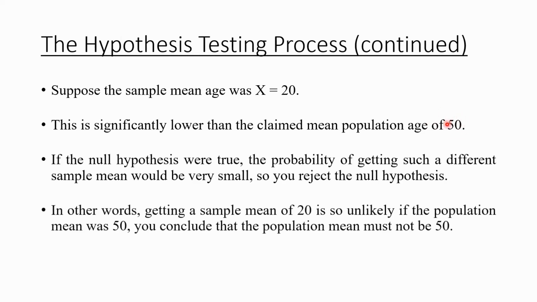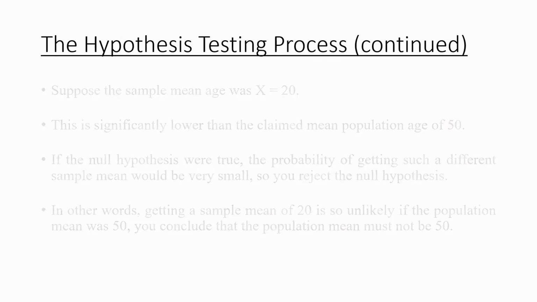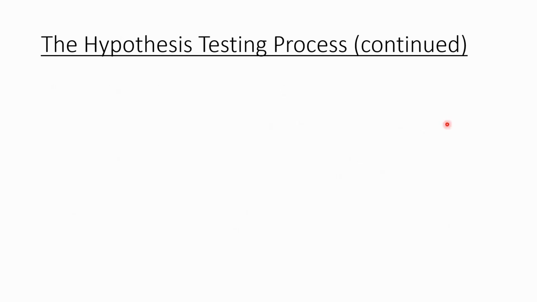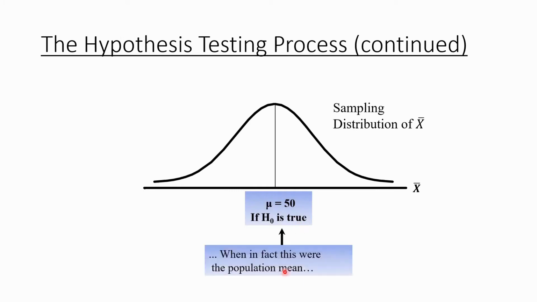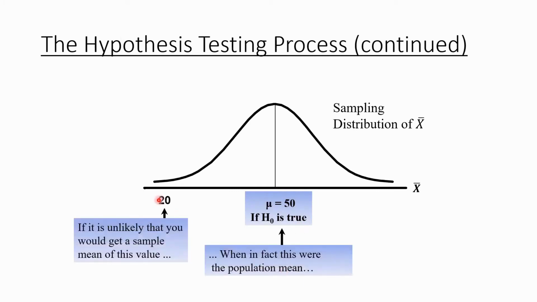But let's have a look at this graphically. I take the sampling distribution of your sample statistic x bar, and here you have your population mean equal to 50. That is your null hypothesis, if H0 is true. And here you would have 20, which is your sample statistic.